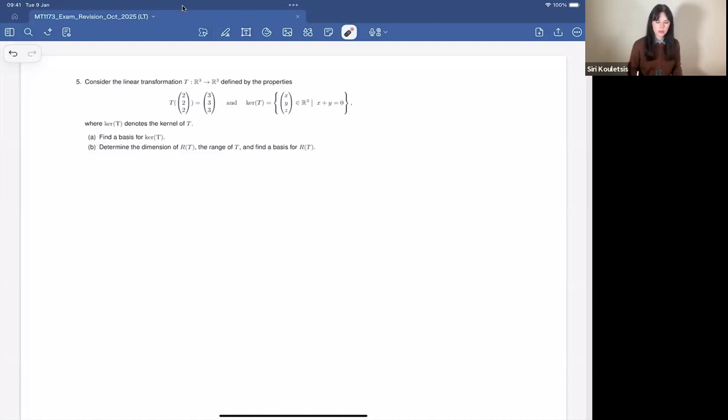So it's a single Cartesian equation there for the kernel. And let's focus on part A first. Find a basis for the kernel of T. So have a think about that. Let me give you a head start.